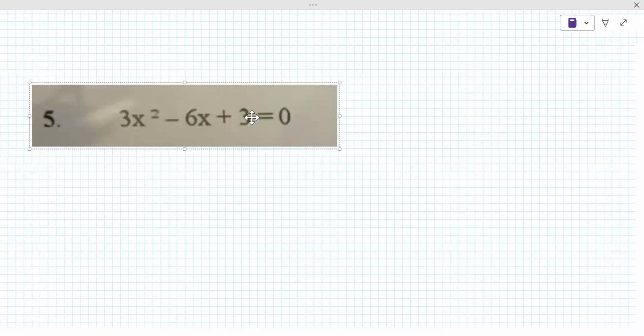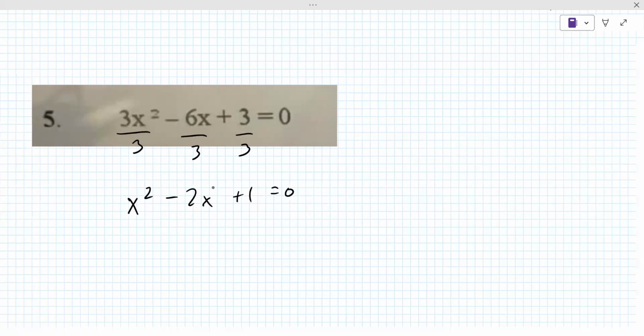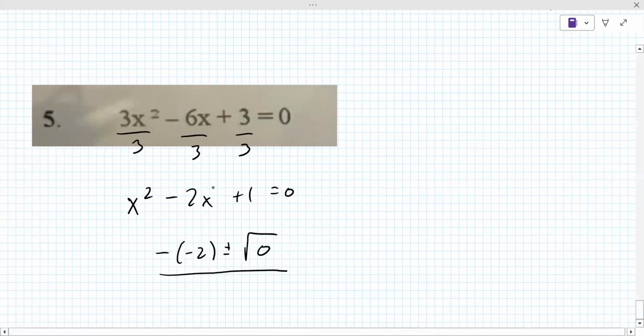Got 0. Yes. So it's kind of like the last problem. It's minus b. If you divide everything by 2 or by 3, it's a straight minus sign. So it's x squared minus 2x plus 1 equals 0. It's minus 2 plus or minus the square root of 0 all over 2 times 1.